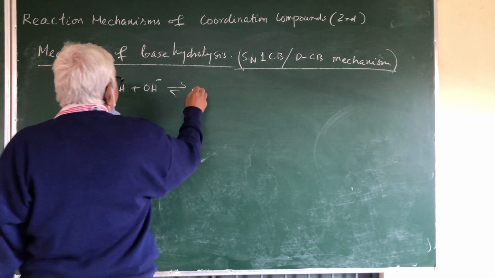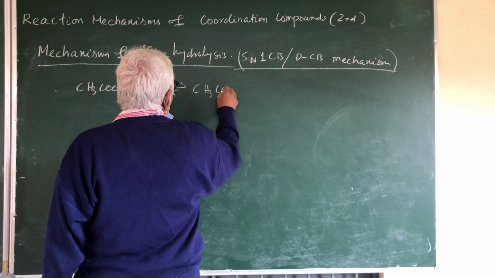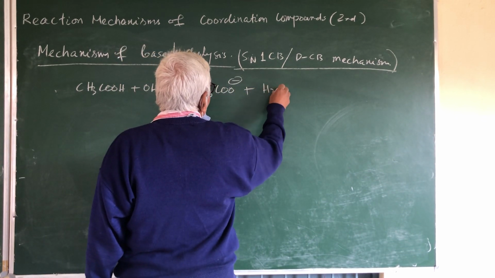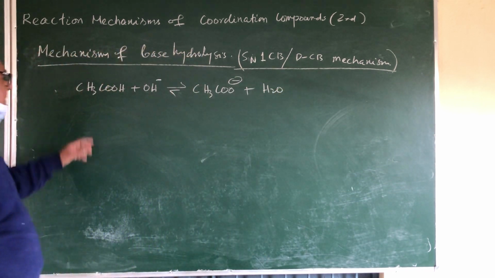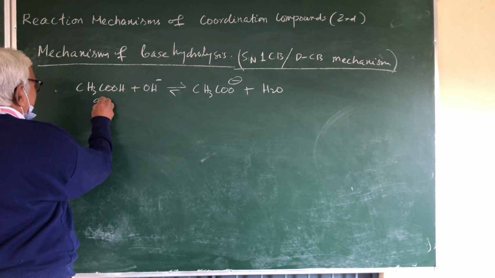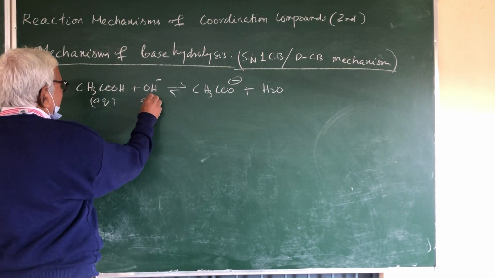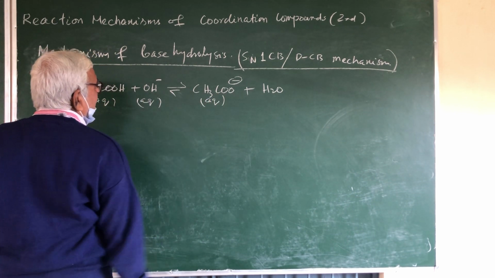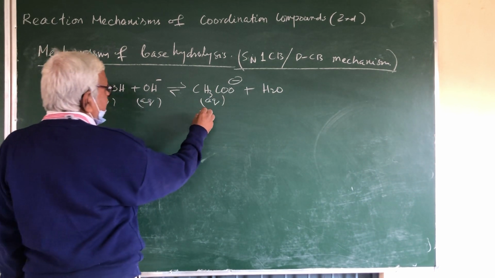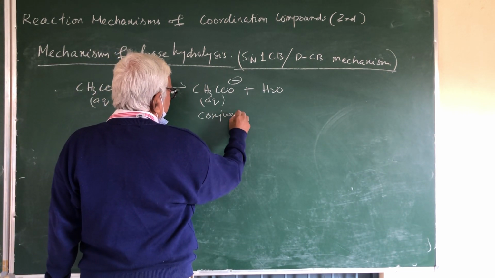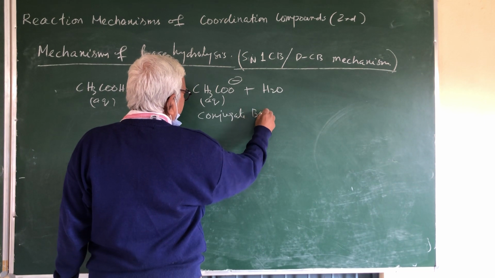You get acetate ion plus water. Acetic acid combining with hydroxide ion produces acetate ion plus water. Then this is the conjugate base.